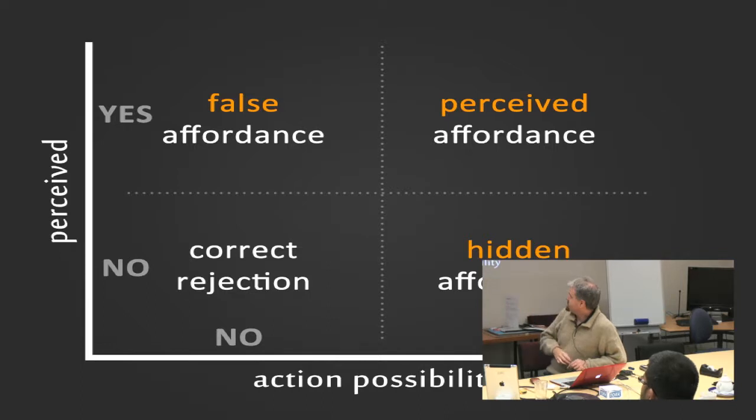If you don't perceive the affordance, and you can't perform the action, then the object is useless, basically. But you could think you perceive an affordance, when actually that affordance isn't there, and that's a false affordance. It could be that the affordance is there, but you can't perceive it, and that's a hidden affordance. And then the ideal goal is the one at the top here.